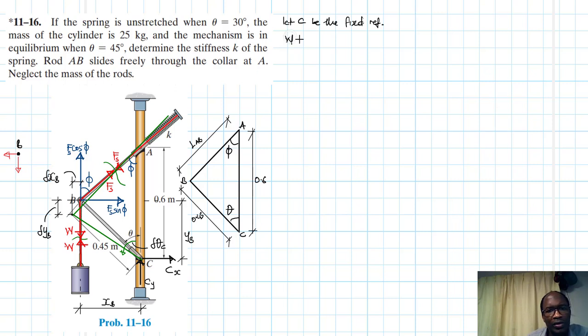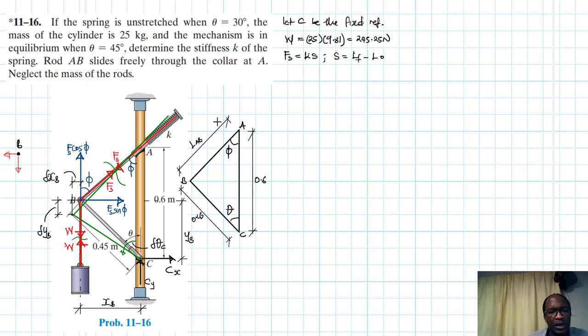Let's calculate the value of W. W is equal to 25 kgs times 9.81, which is 245.25 newtons. Let's define Fs. Fs is equal to K times S, K being the spring constant and S being the stretch. And we know that S will be equal to L final minus L original.